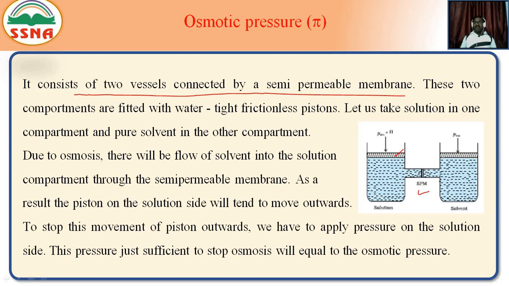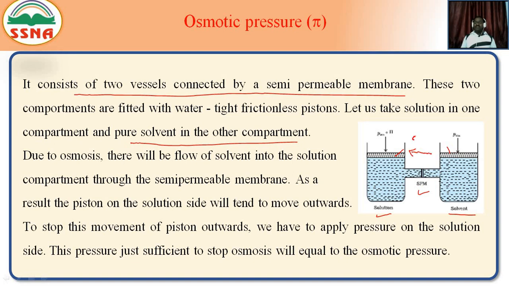Let us have solution in one compartment and pure solvent in the other compartment. Here, this is the solution. This is solvent. Generally, water molecules flow from solvent to solution side.